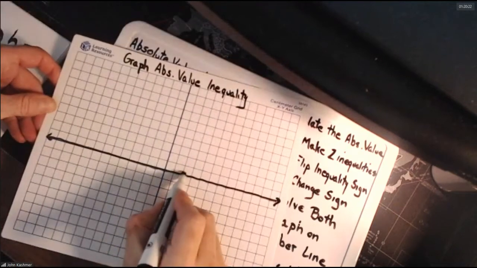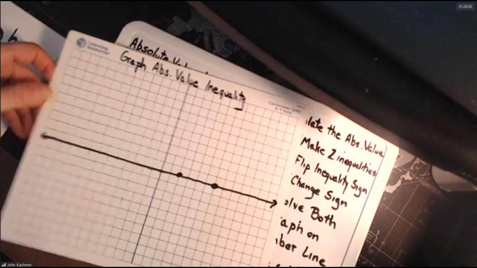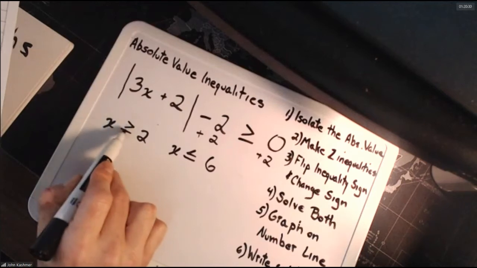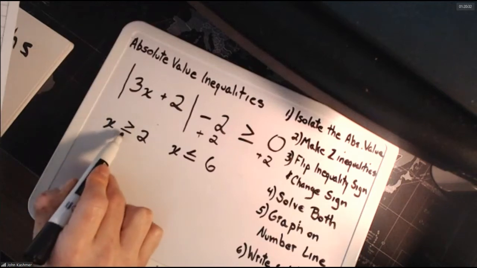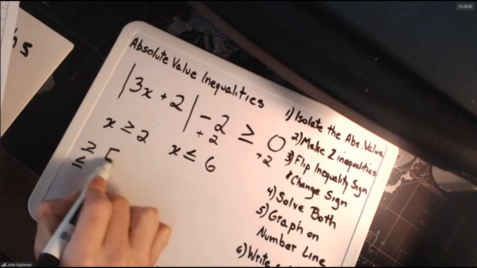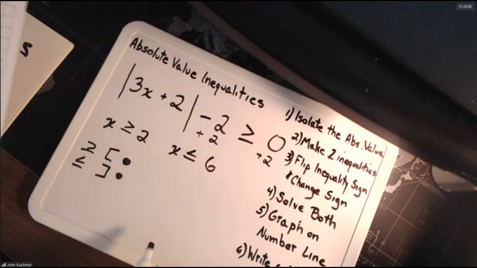So here's 2 and here's 6. So now whenever you have x is greater than or equal to, these always use brackets or closed circles on a graph.